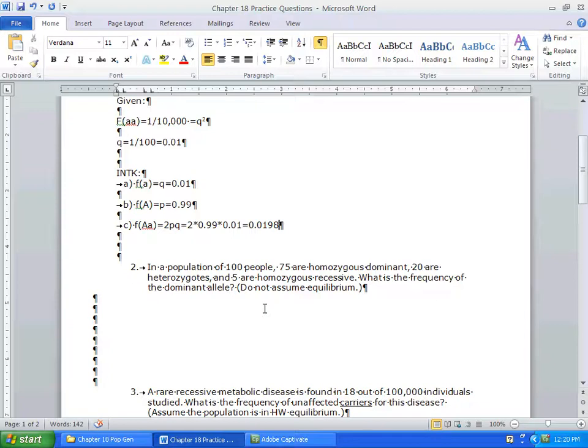Do not assume equilibrium. To solve this one, you're going to apply the technique that I explained in the lecture, which is you take all the homozygous dominant individuals, and add half of the heterozygotes, divided by the total.